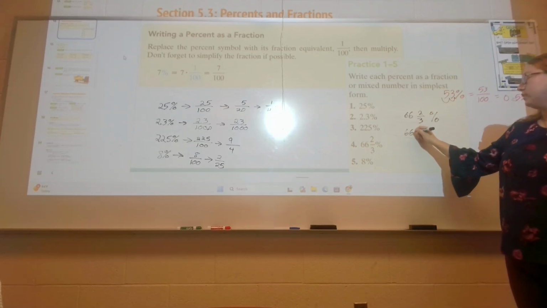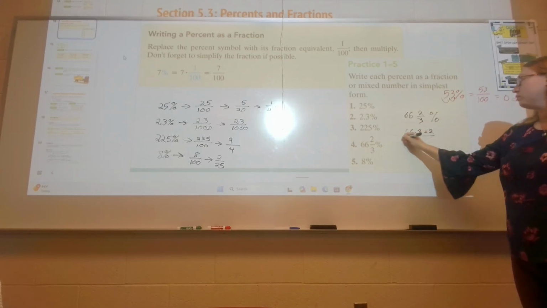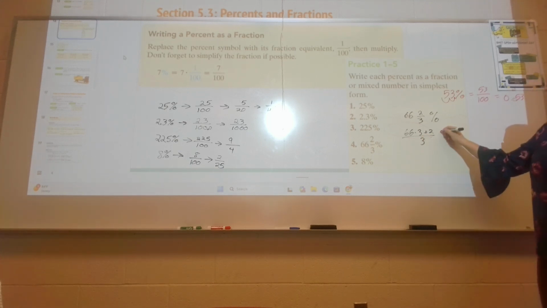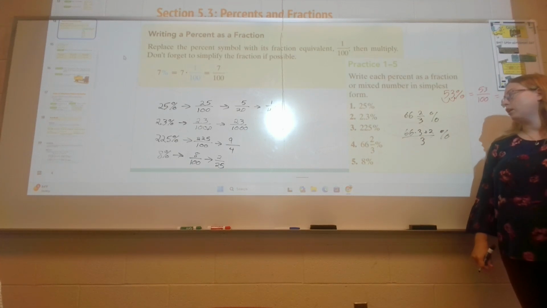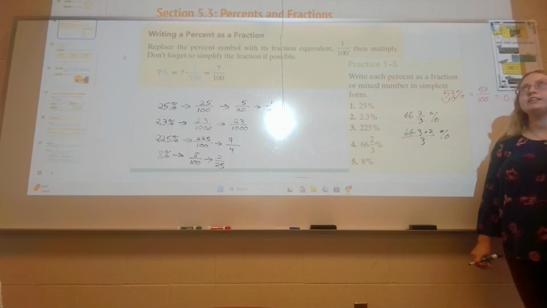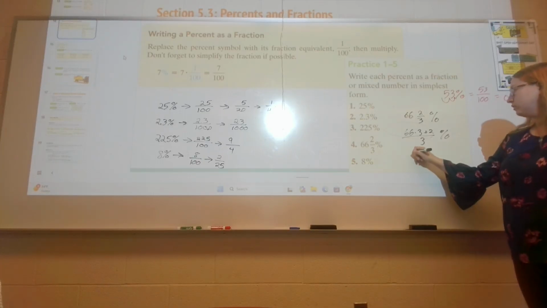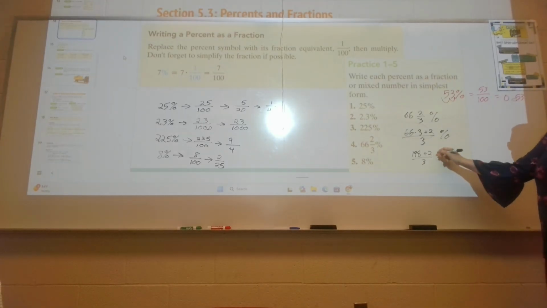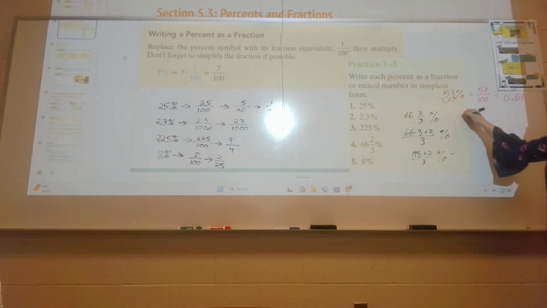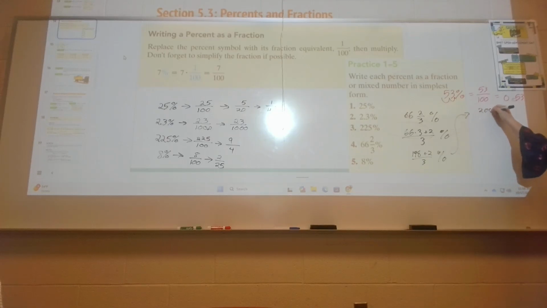So 66 times 3 plus 2, all over 3. 66 times 3 is 180, plus 18 is 198. Plus 2 is 200. 200/3%. All right, so we get 200/3%.